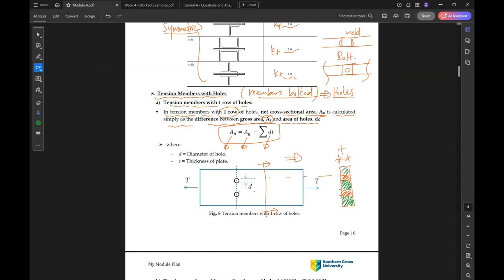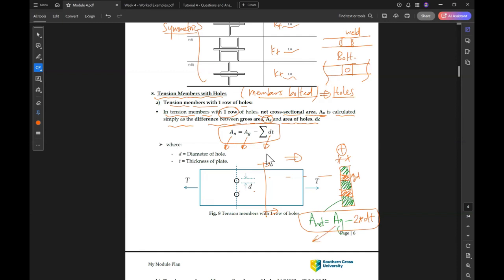So the area net equals area gross minus, for each hole with diameter d and thickness t, 2 times d t. So this is the area net for this case. So this is how to find area net.